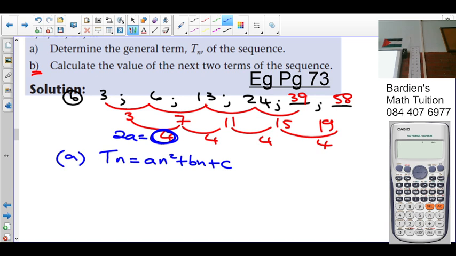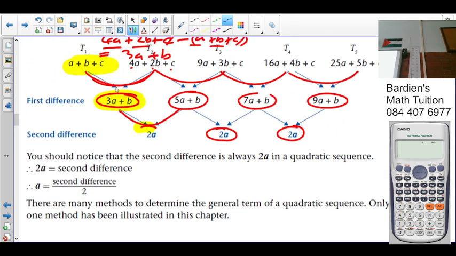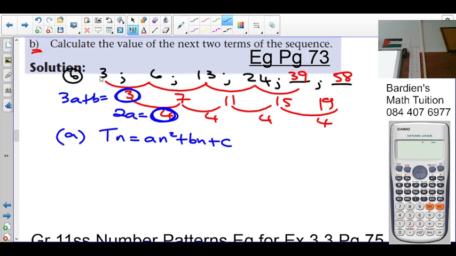What did we have in this 3's place, on the first term of the first difference? 3A plus B. Can you see that? What do we have in the first term's place? A plus B plus C. And they are right, A plus B plus C. On the bottom, we work.